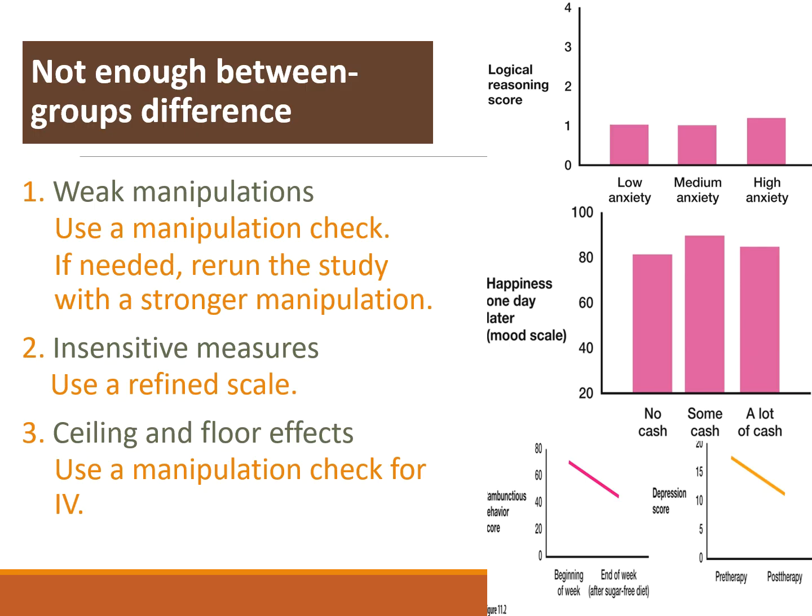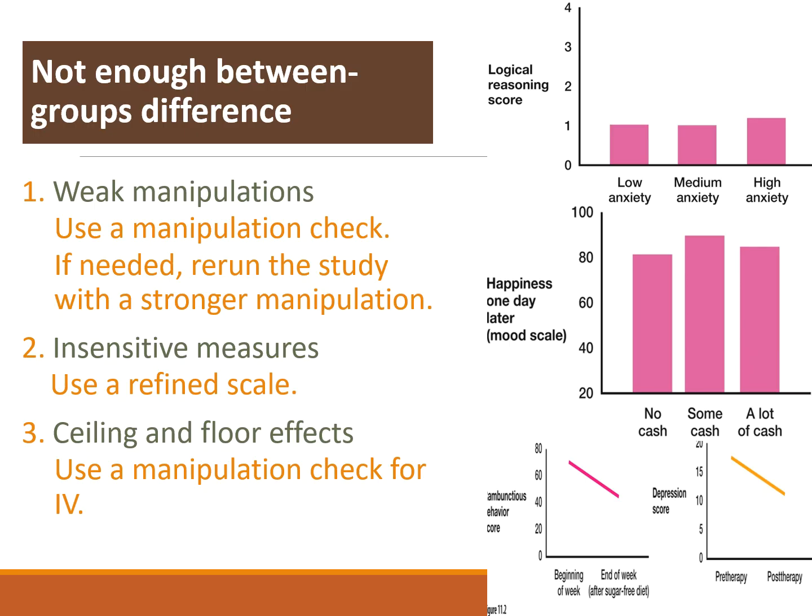So we might use a refined scale, a better way to measure our outcome. And again, we talked about ceiling and floor effects. We could use a manipulation check for the IV, but we could also just make sure that we're actually using an IV that makes sense for our population. So again, if we're looking at logical reasoning scores, happiness one day later, and mood scores, each of these are examples of low anxiety, medium anxiety, and high anxiety.